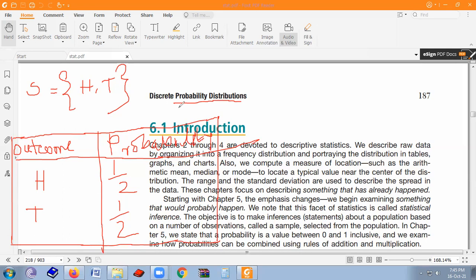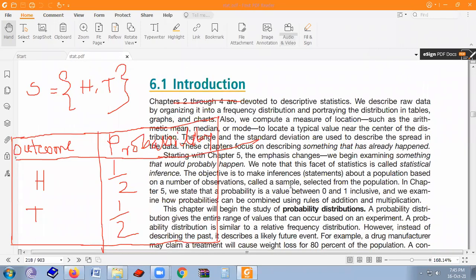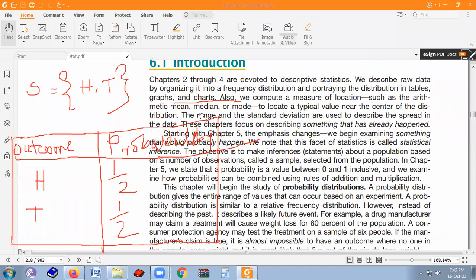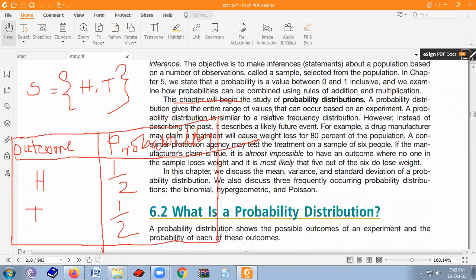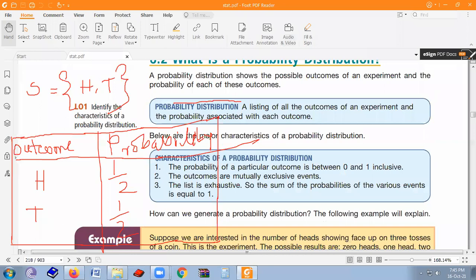A simple definition: after listing all the outcomes of an experiment and the probability associated with these outcomes, you construct a table with each outcome and its probability.